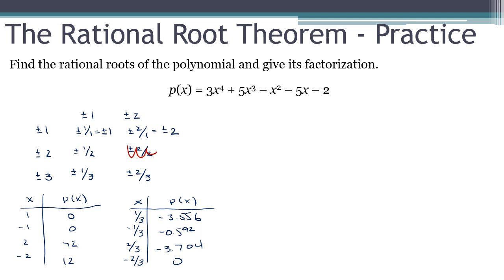And now we just run into a little bit of a problem, right? The x equals 1 root gave me x minus 1 as a factor, and the x equals negative 1 root gave me x plus 1 as a factor, and finally the negative 2/3 root.